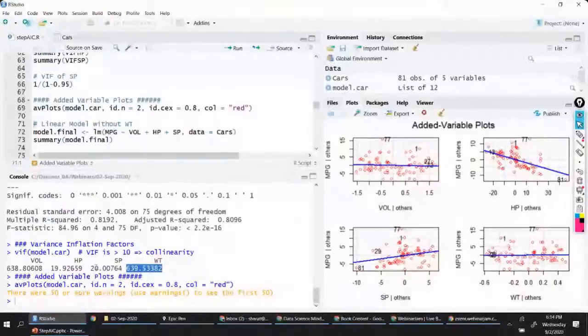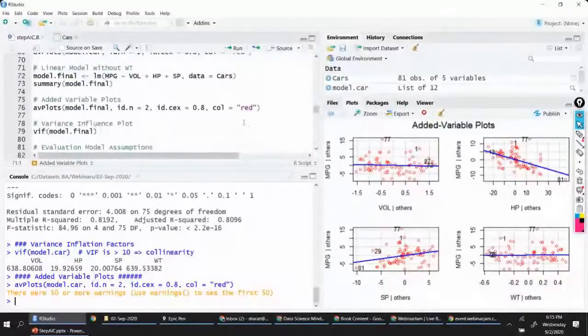Similarly, we have added variable plots. Now this added variable plots is basically looking at the effect of that y on x, right? So these are the two cases, and we can develop the model by eliminating that weight.